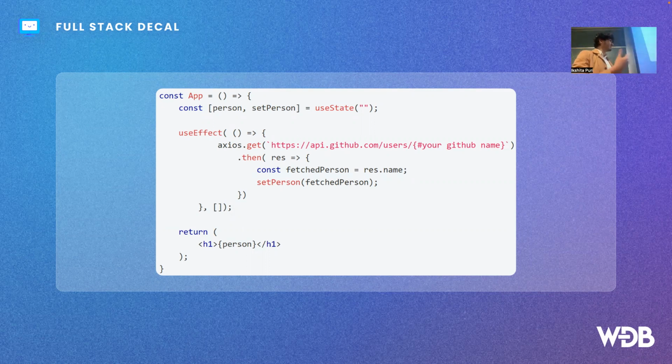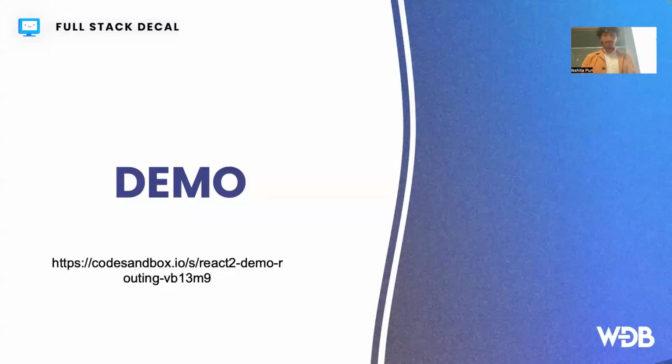So we want to make sure when we first load the page, we're getting our data, but there's one other reason we want to do this. If we just put the Axios call outside of the useEffect, every time something in the component changes, it's going to refetch the data from GitHub. And that's very expensive. It's going to use a lot of network bandwidth. And so it's a lot more beneficial if we just run the request once, and make sure we're not running it again and being wasteful.